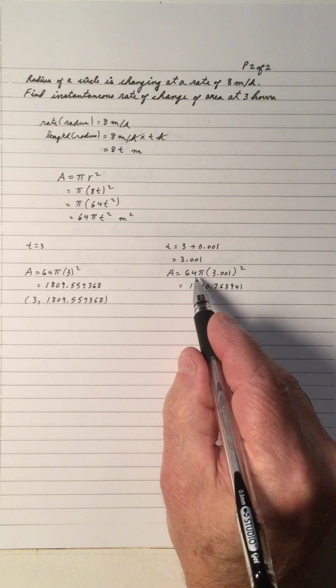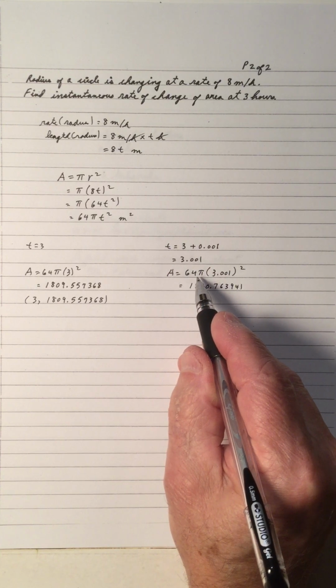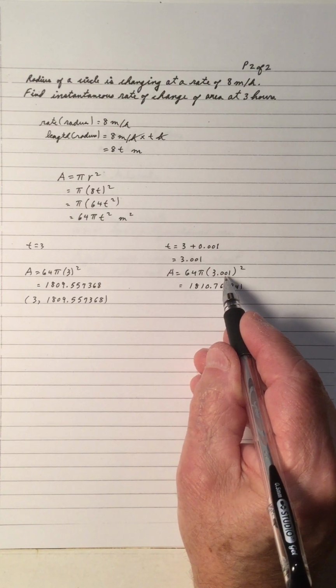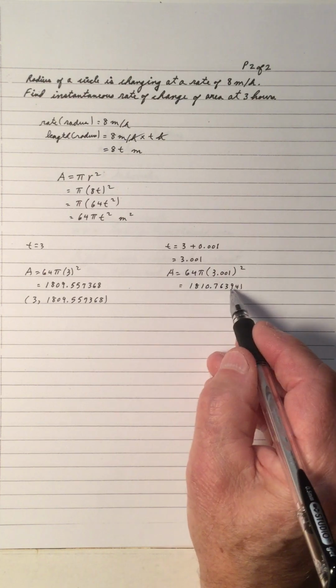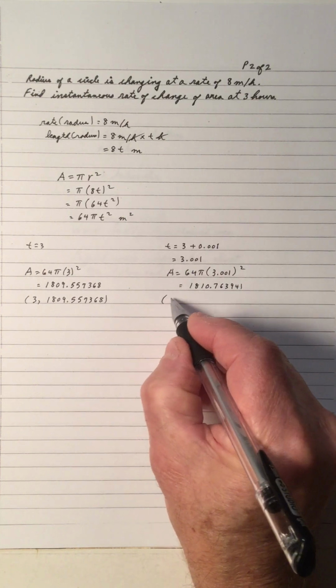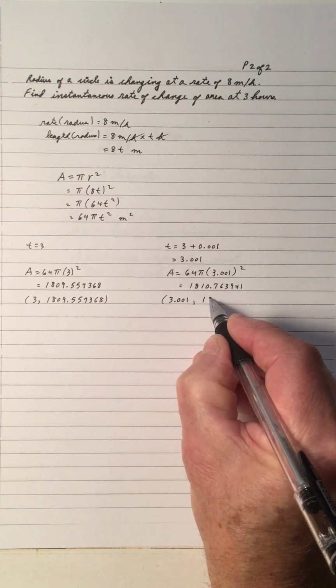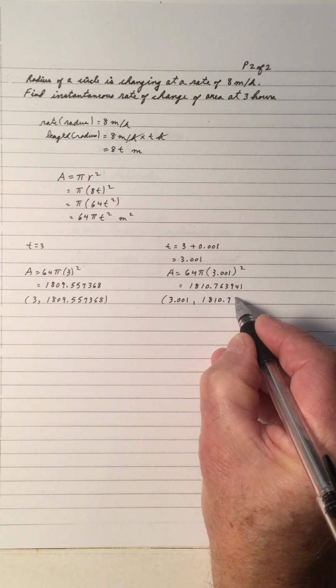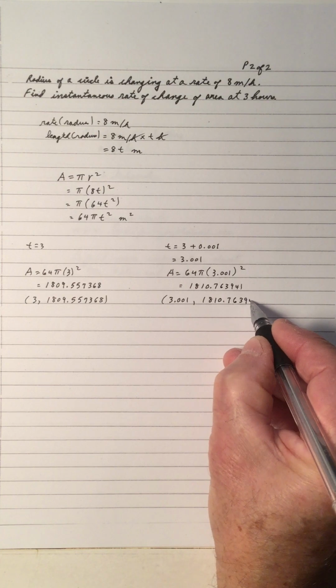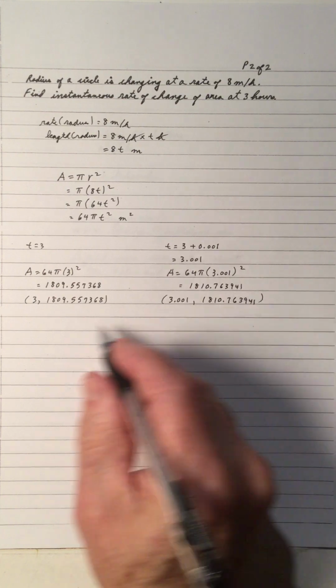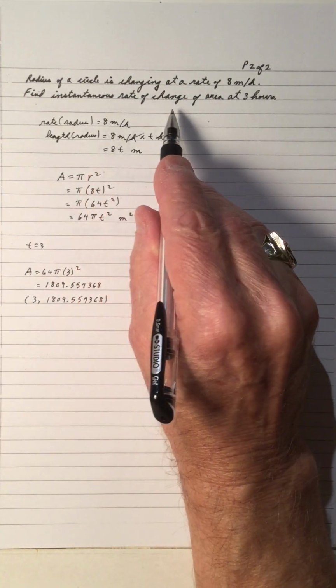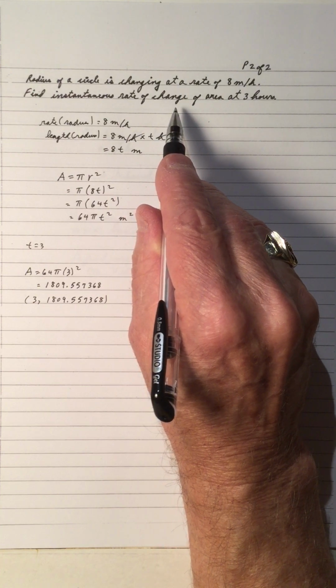So 64 times pi on your calculator, and 3.001 squared, and you should get this number. So that means that at 3.001 hours, you're getting 1810.763941.